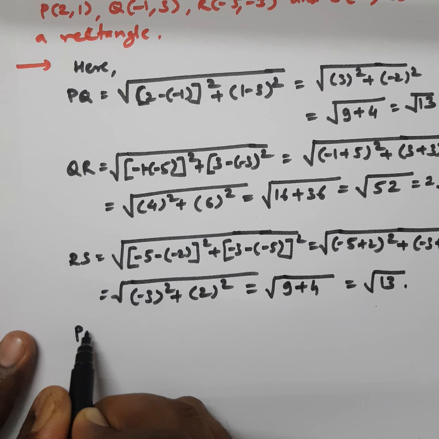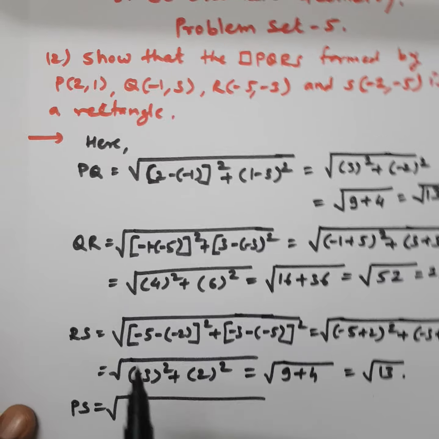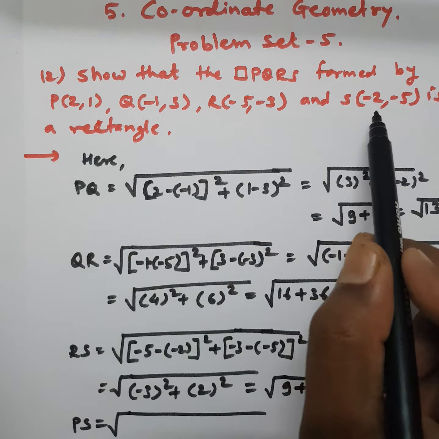The last side is PS. Here the coordinates of point P are (2, 1) and S are (-2, -5).